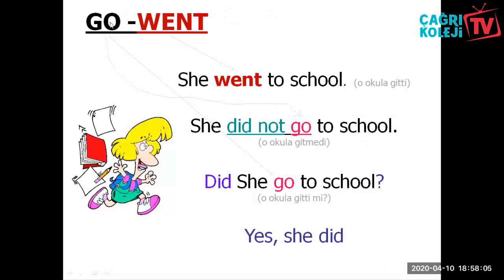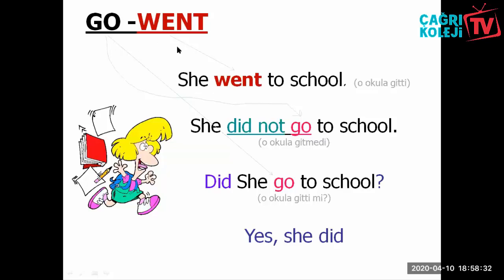Here, go. When you want to make a sentence by using the verb go, all you need to do is change go into the past form, went. She went to school. Please don't say she goed to school.